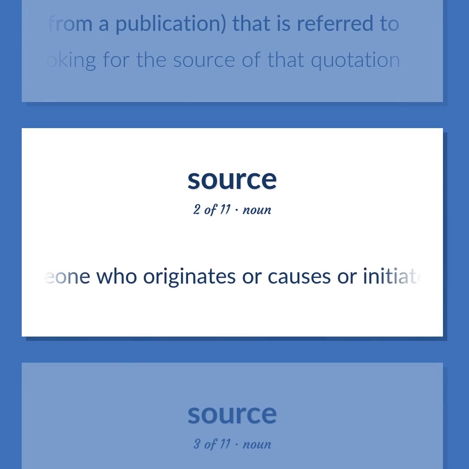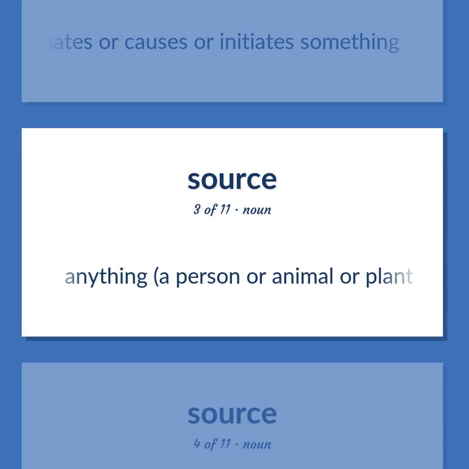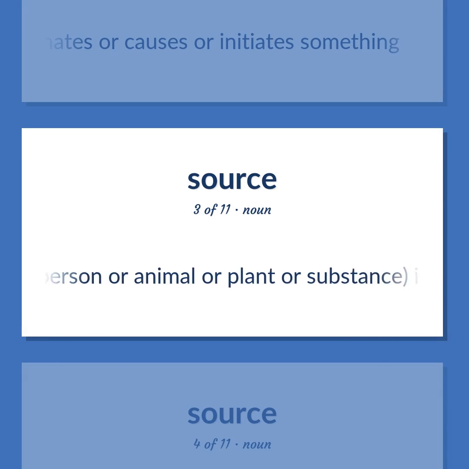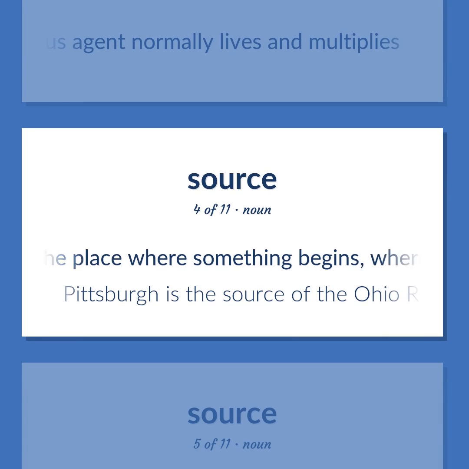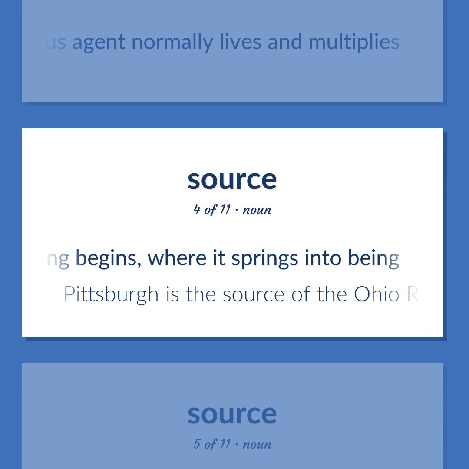Someone who originates or causes or initiates something. Anything, a person or animal or plant or substance, in which an infectious agent normally lives and multiplies. The place where something begins, where it springs into being. Pittsburgh is the source of the Ohio River.